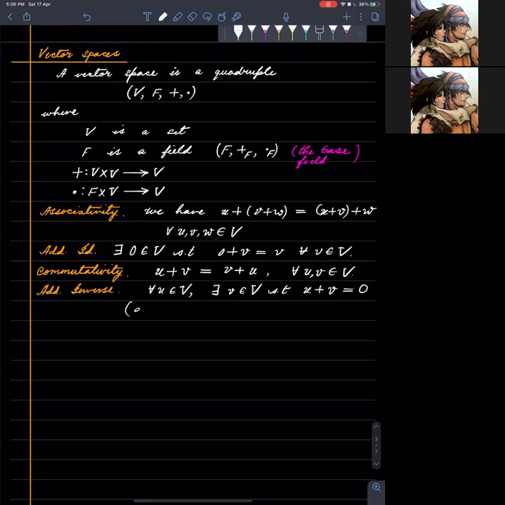So this is called the additive inverse of u. One can easily check that this is unique. So it is called the additive inverse of u. And we denote this by minus u.